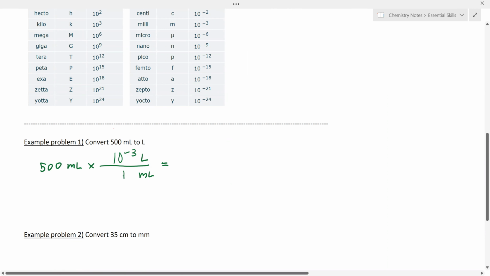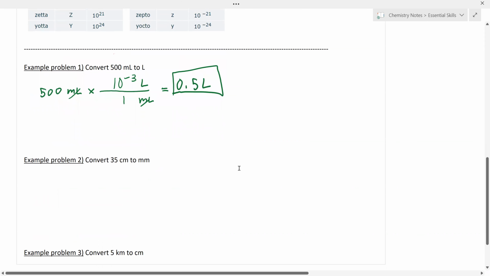We put just the 1 on the bottom, and as I said, milliliters cancel out. We get our handy dandy calculator, and you go 500 times 10 to the power of -3. You get 0.5 liters. So in other words, 500 milliliters is equal to 0.5 liters. That's how that works.